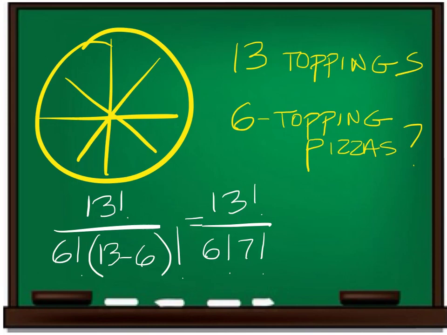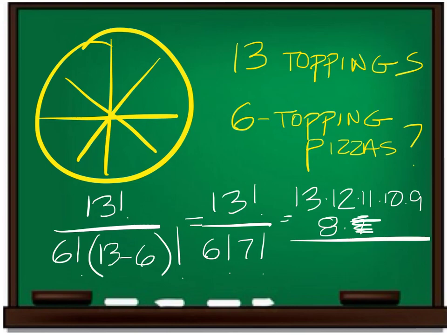You can eliminate everything from 7 on back and have 13, 12, 11, 10, 9, 8, and 7. Well, actually 7's not in there. And then still have 6 factorial on the bottom. So for 6 factorial, that's 6 times 5 times 4 times 3 times 2, and we'll leave the 1 out.